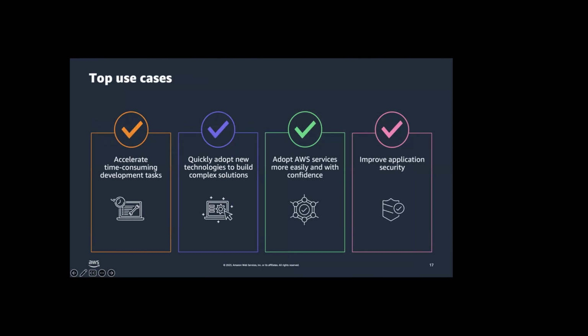The use cases should be fairly obvious, since I already sort of went through these. This is kind of saying the same thing: accelerating your development tasks, adopting new technology that you're not used to, and complex APIs. The thing I use it for the most is allowing you to easily code against AWS services.